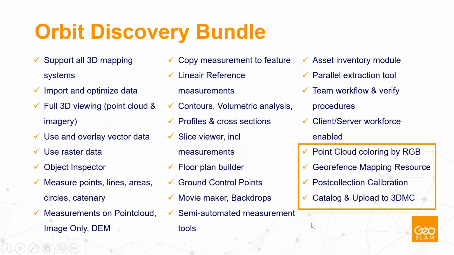Now, what we've done is work with Orbit to put together a bespoke bundle for us, where we've focused on the feature extraction, what Orbit GT refer to as their standard feature extraction.